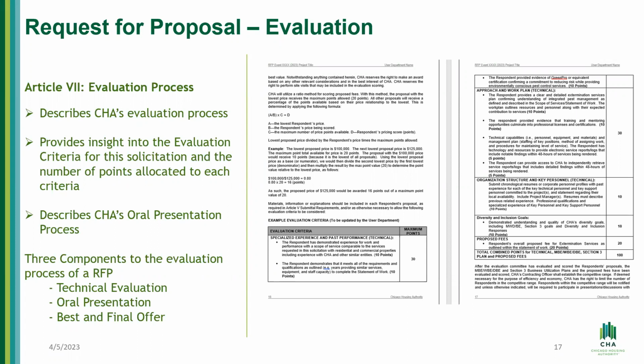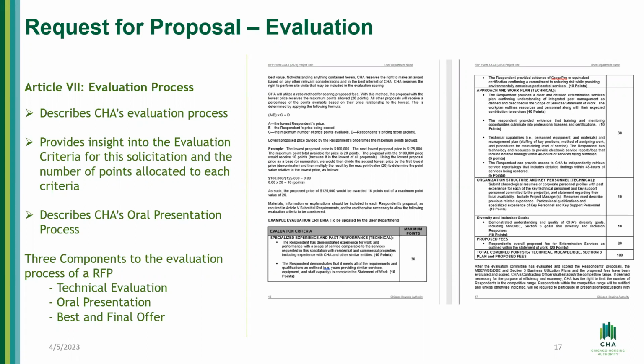The technical factors could include past performance, references, approach of work, insurance, qualifications, experience, etc. The respondents within the competitive range will continue in the process towards award. The total combined points is 100 points, and you want to get the 100 points to move forward towards the award process.